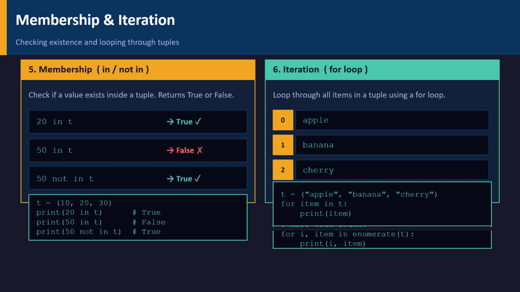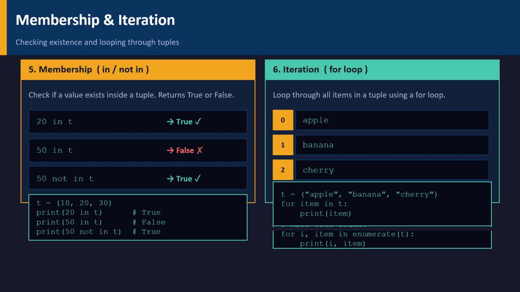Now let's look into two more useful tuple operations, that is membership testing and iteration. Membership operation allows us to check whether a value exists inside a tuple. It returns either true or false.